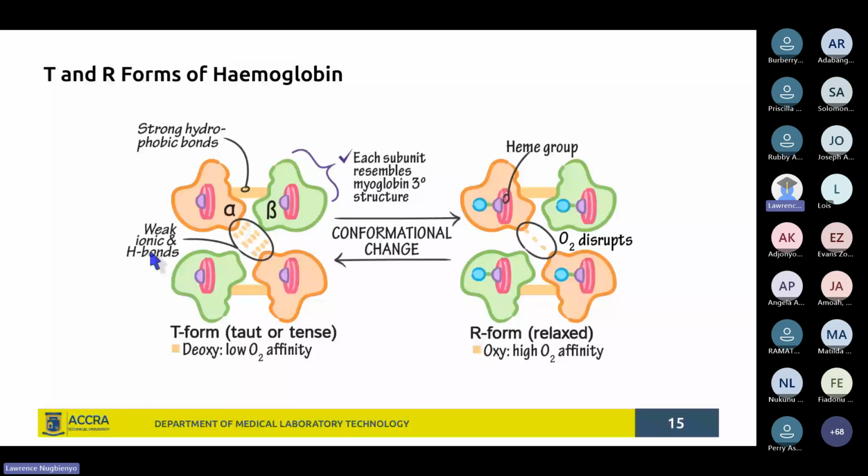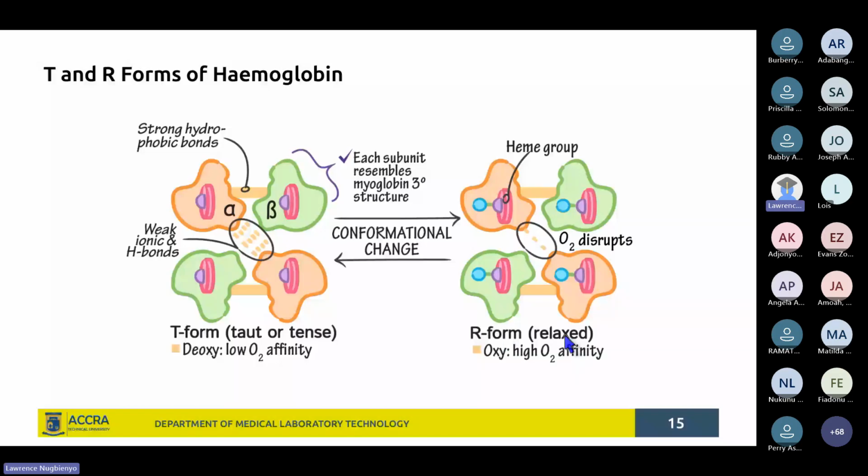Now, we have what we refer to as the T and R forms of hemoglobin. What do these mean? T refers to taut or tense. You can say tight, tightly bound together. And R refers to relaxed form of hemoglobin.